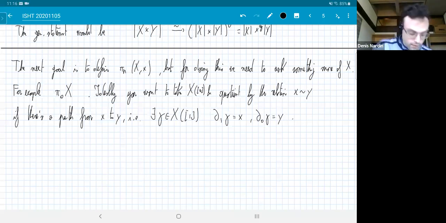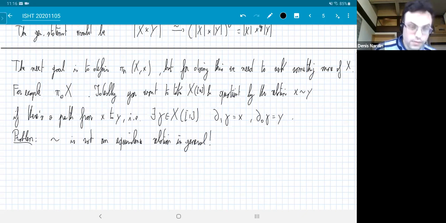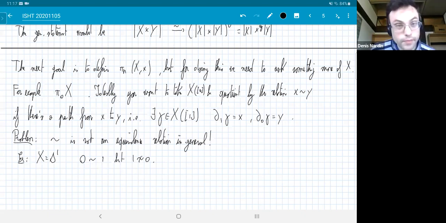Okay, that's the definition we want, but we have a problem. This is not an equivalence relation in general. You can see, for example, for X equals delta 1, 0 is equivalent to 1 because there is the canonical 1-simplex that goes from 0 to 1, but 1 doesn't go to 0.